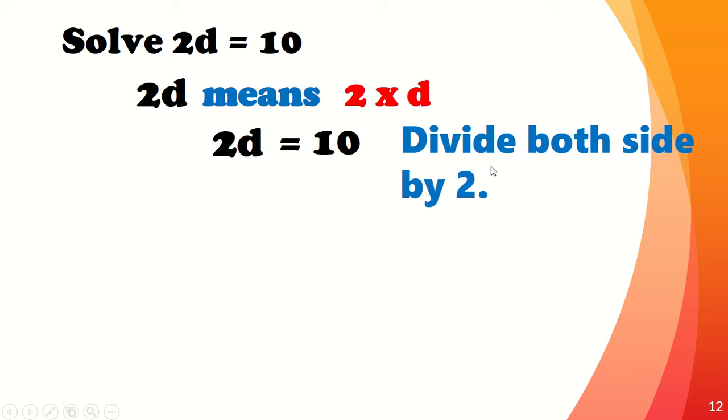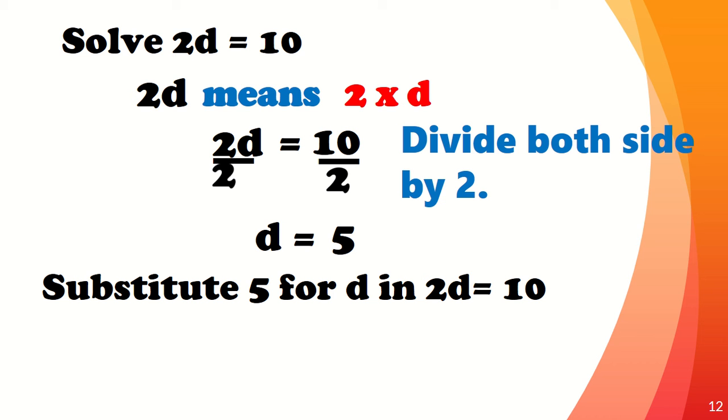Bakit divide? Because the inverse of multiplication is division. So, i-divide natin by 2. You will also divide 10 by 2. So, remember, pag dinivide mo dito sa kabila sa 2, you will also divide it to the other side. So, D equals 10 divided by 2 equals 5.